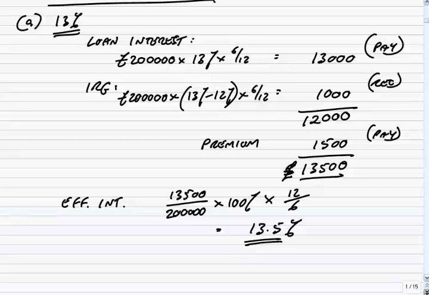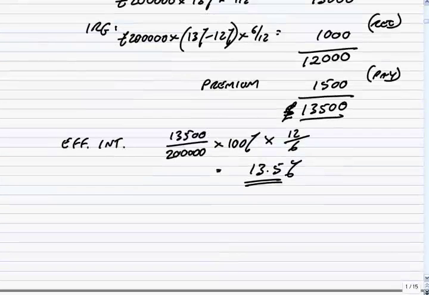And you can see what's happened. Although the IRG itself was limiting us to 12% interest, the fact we've had to pay another 1,500 has meant that in total we've ended up paying 13.5%. But that is the worst possible outcome.